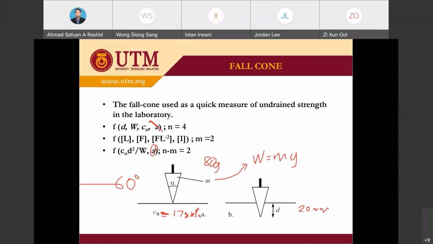So that is for the fall cone method, and this method has been developed by Wood and Rowe from Oxford to determine what we call the plastic limit of the soil by using the fall cone method.